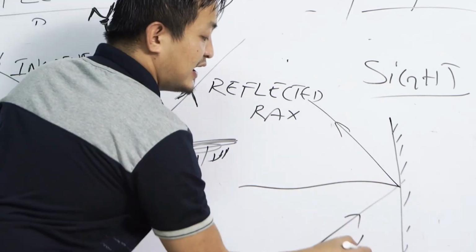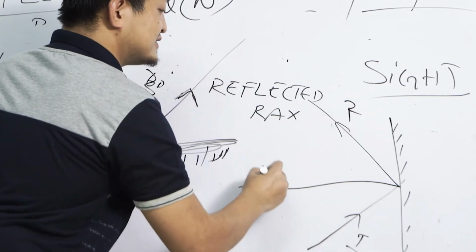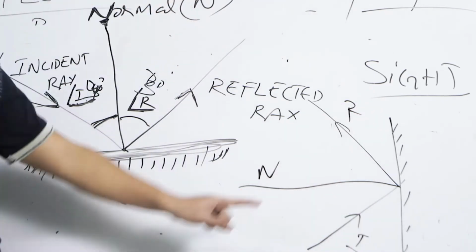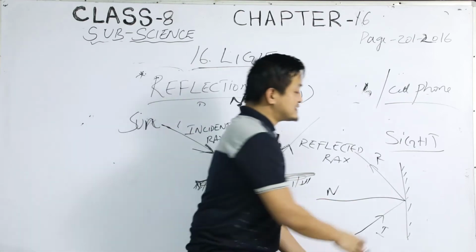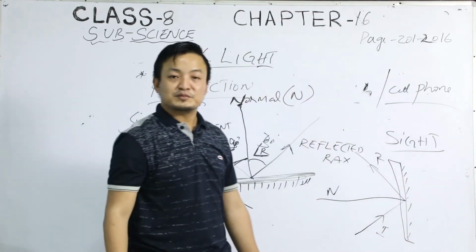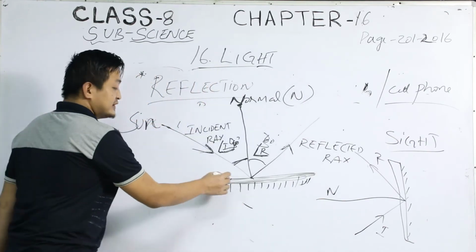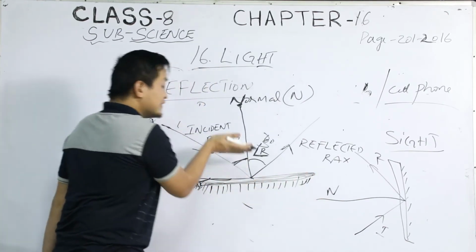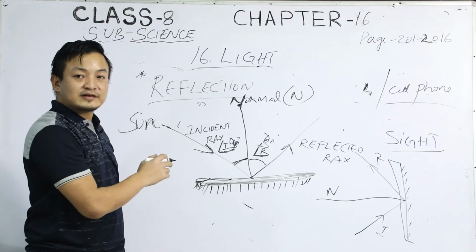This is the I, this is the R, this is the N. Now we can see that all these rays lie on the same plane, right? In this direction also you can see that they all lie in the same plane.